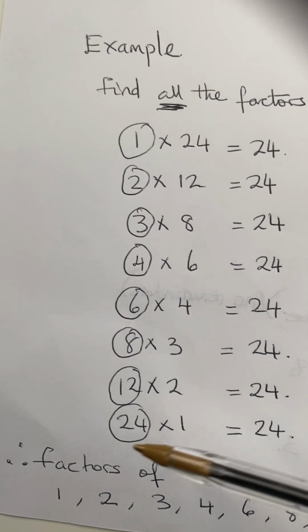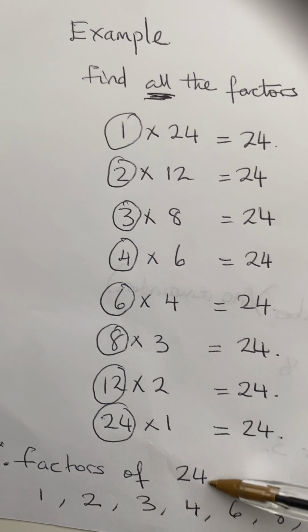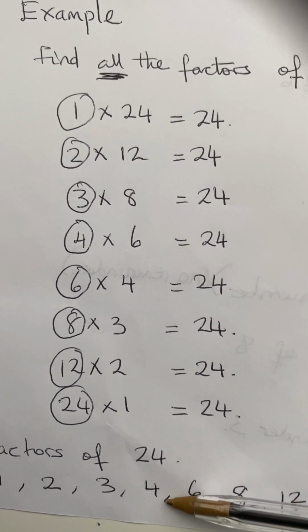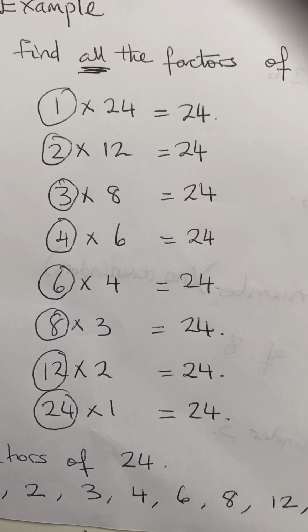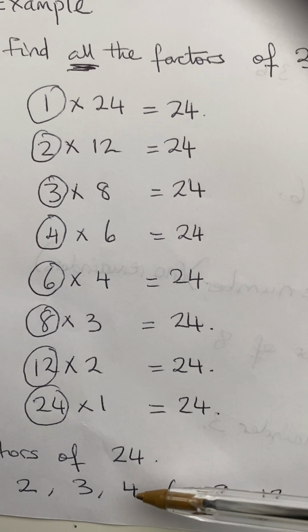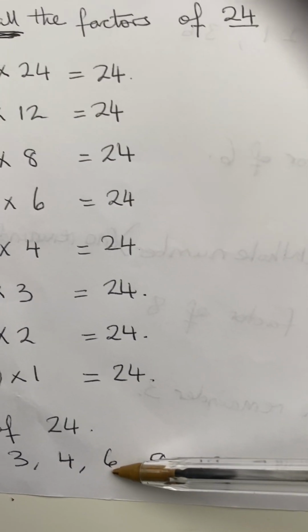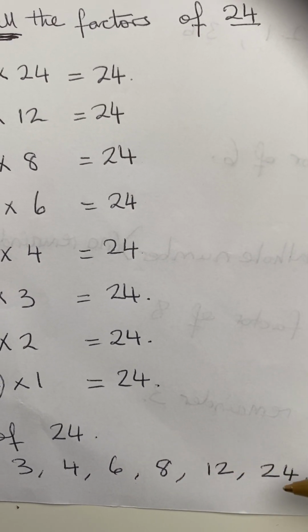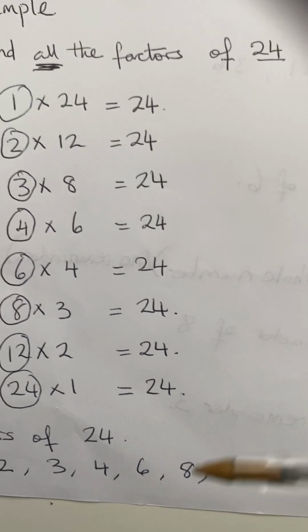Assuming they said list all the factors of 24 that lies between 4 and 24, then you are going to list 4, 6, 8, 12, and 24.